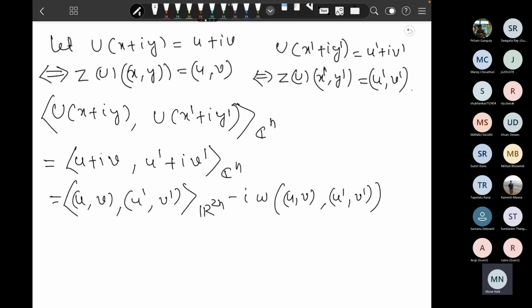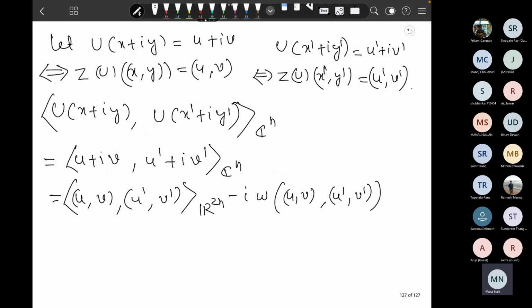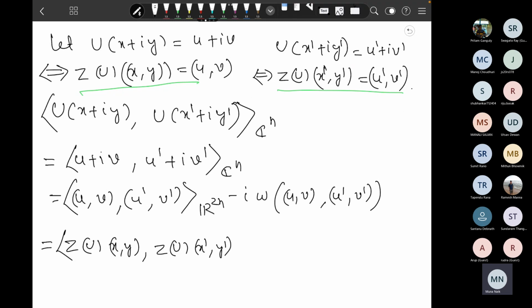Now I use this fact about ZU of xy. So this will be equal to the inner product of ZU of xy and ZU of x prime y prime on R2n minus i w of ZU of xy and ZU of x prime y prime.